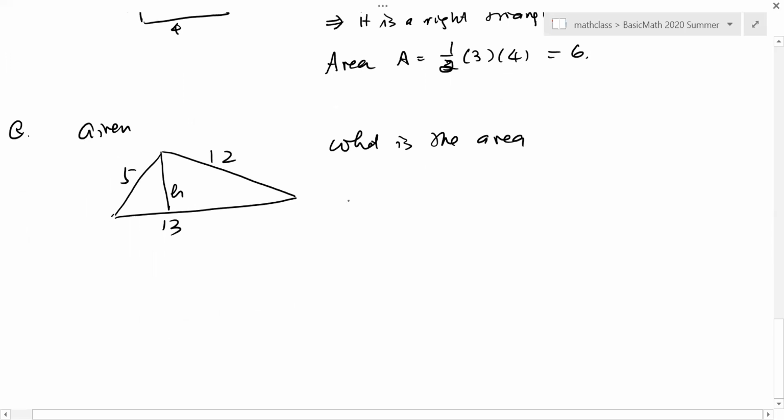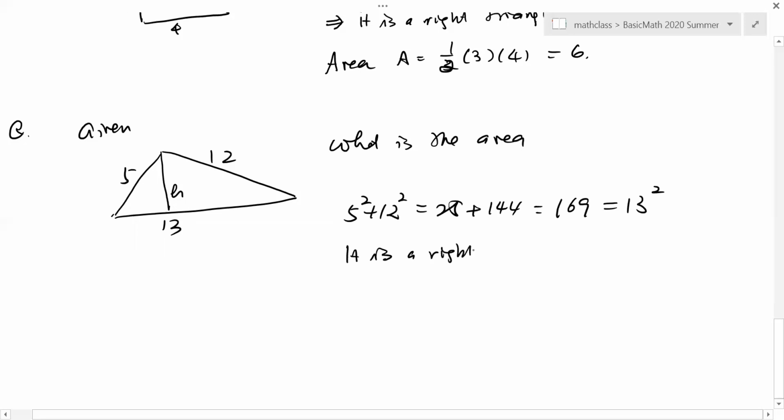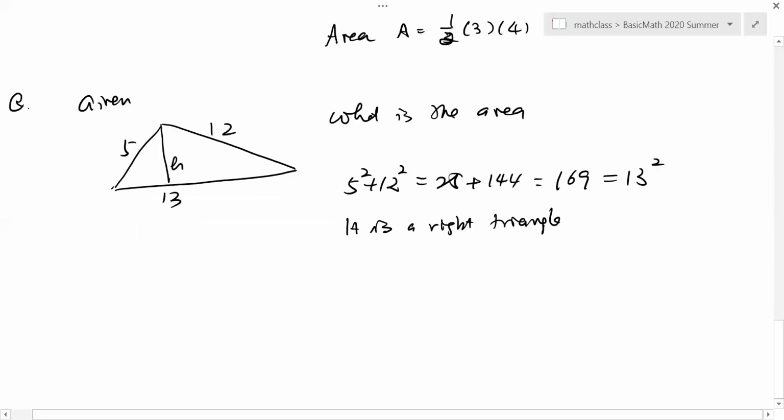Okay, let's check. So 5 squared plus 12 squared is 25 plus 144. It's going to be 169, which is 13 squared. Aha. So this relationship holds, which means it is a right triangle. If it's a right triangle, you can put it in this form.